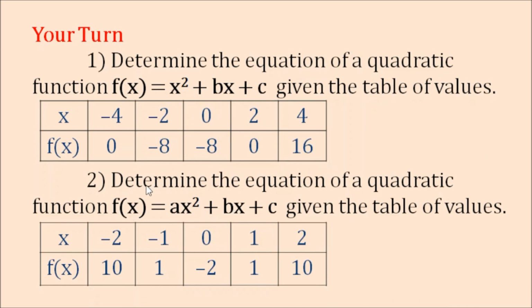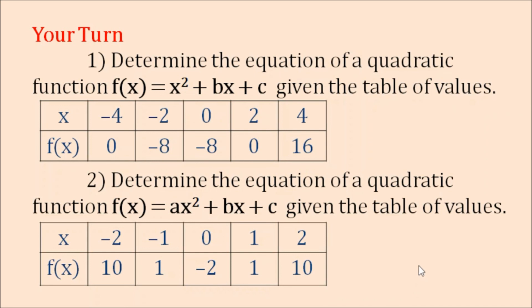For item number 2, determine the equation of a quadratic function f of x equals ax squared plus bx plus c given the table of values, and this is the table of values. Now here you are going to find the values of a, b, and c. You can pause the video and try working on these 2 items.